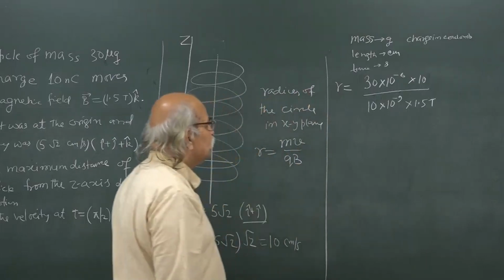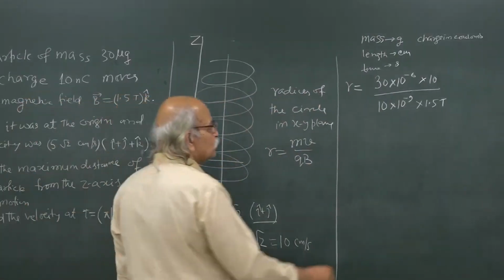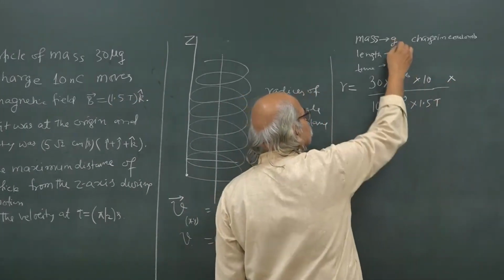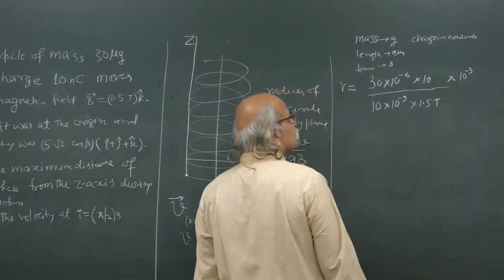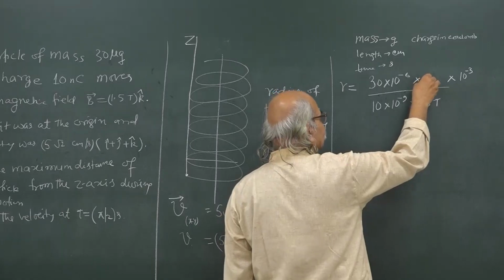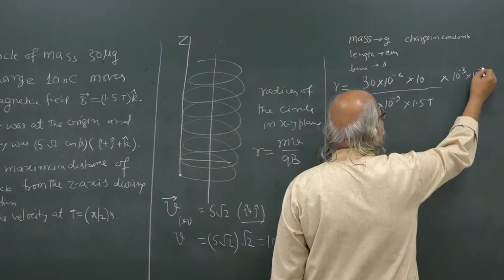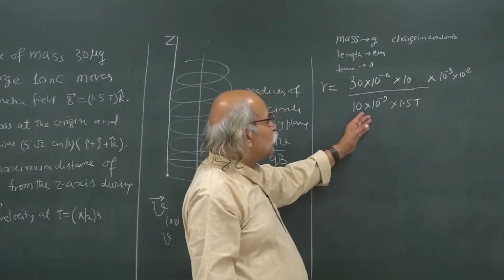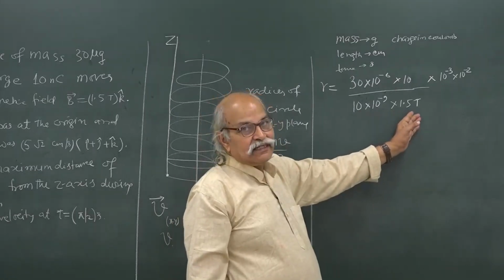All right. If you convert it in SI units, then what other things you have to do? This is in grams, so kg, 10 power minus 3. Now, it is in kg, and then this 10 is 10 centimeters per second. So, centimeter will be 10 power minus 2 meters per second. So, this was converted. This is 10 nano coulombs already SI, and 1.5 Tesla already SI.